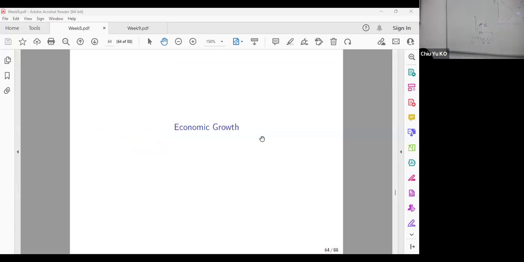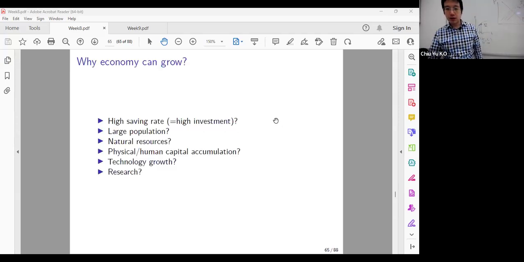Lastly, I only have 2 minutes, but I'll try to see if I can borrow a few minutes before I end. At least I want to talk about the Solow model. I don't have time to talk about the details, so I'll give you the final equation. Let me motivate what we are doing for the Solow model.